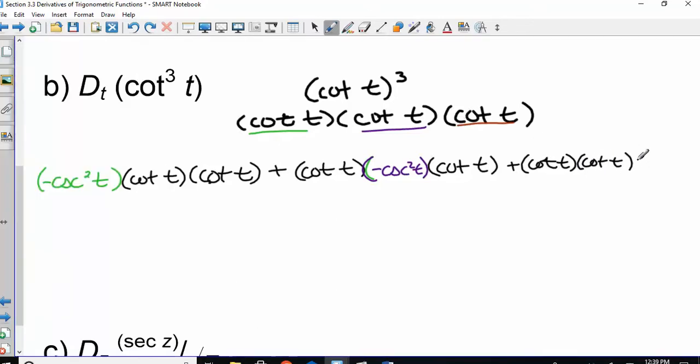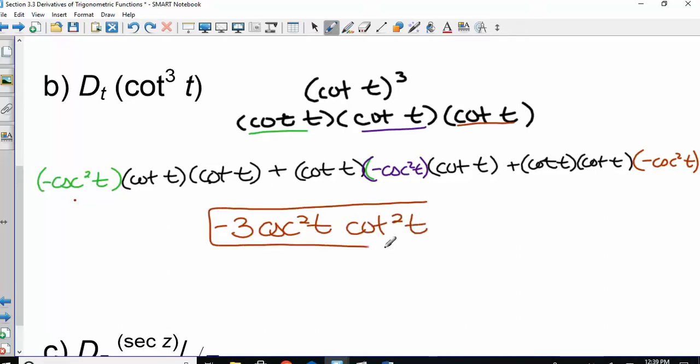Derivative of the last one, negative cosecant squared. What do you notice about these? They're all the same, so if you add their coefficients, -1, -1, -1, we get -3 cosecant squared t, cotangent times cotangent is cotangent squared t.